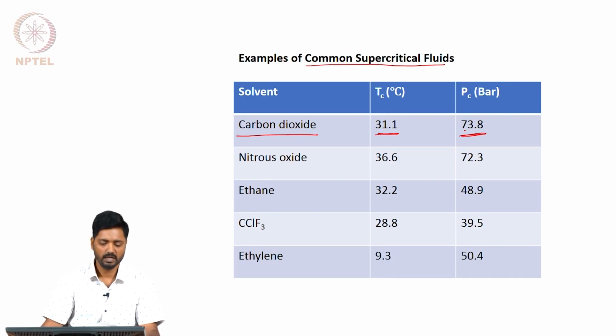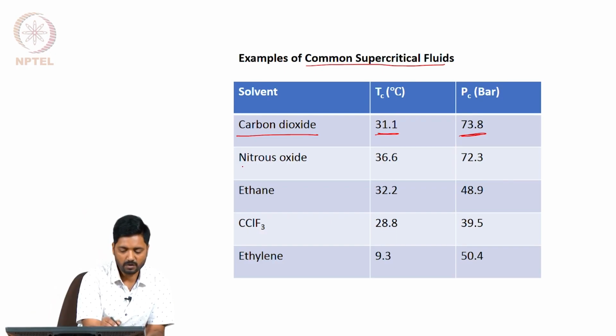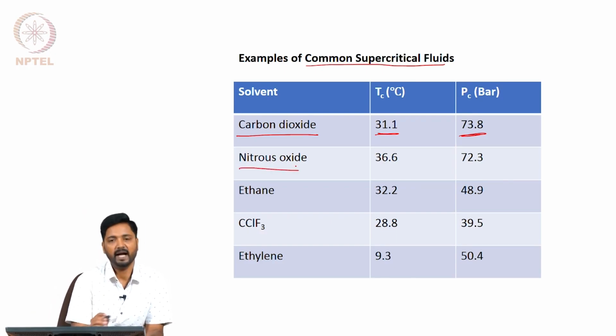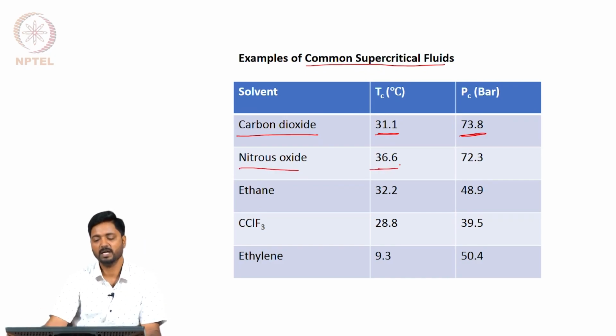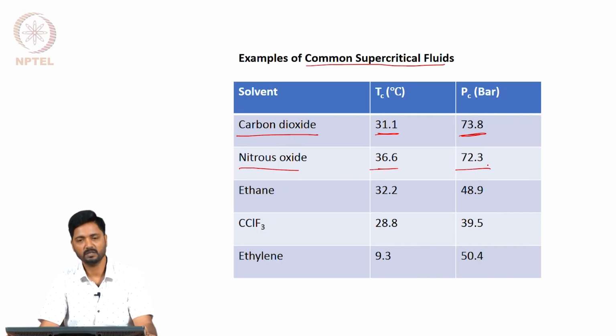Other common gas is the nitrous oxide, which has a critical temperature of 36.6 degrees Celsius and a critical pressure of 72.3 bars of pressure. So, conditions where the temperature and the pressure exceed these values will result in nitrous oxide going into a supercritical phase.